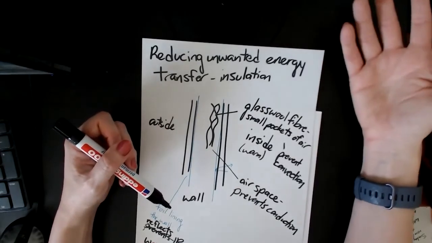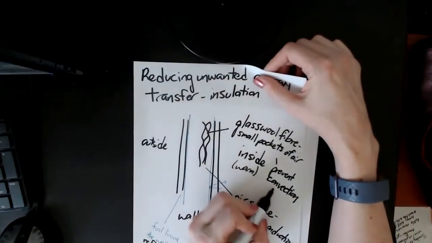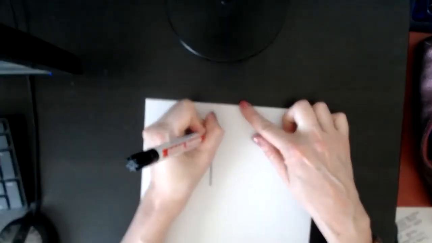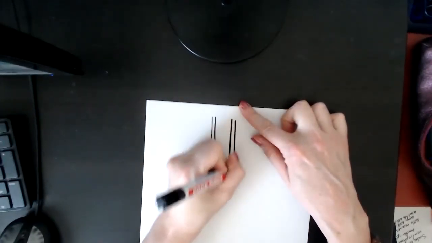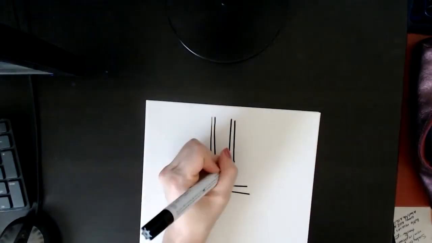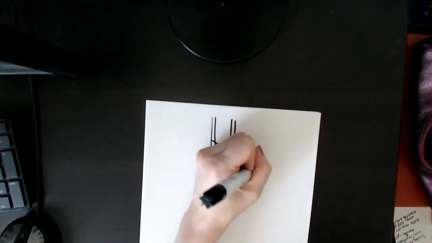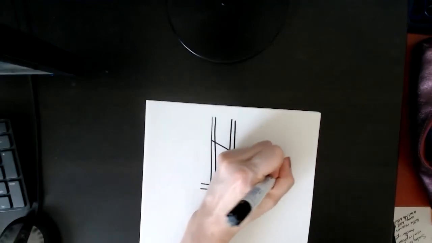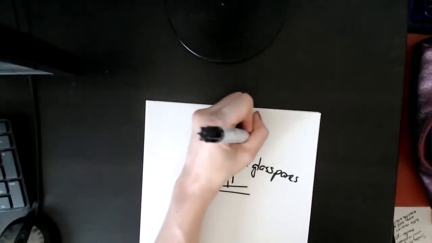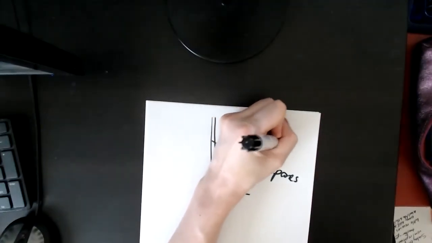It works, it's just not a good window then. So instead we focus on preventing conduction and convection. For example, this is a window here, and these are glass panes, and there's two of them. So again, you have an airspace in here.